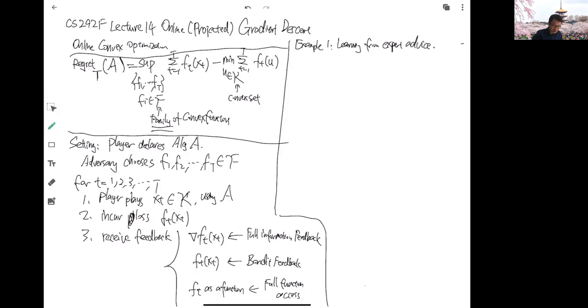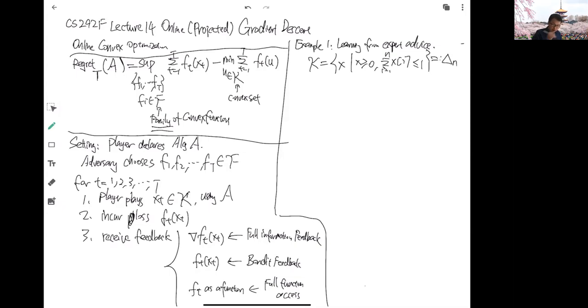It's the decision space. In some sense, your decision is to potentially randomly pick any one of the experts and follow their advice. So K is simply the probability simplex. Let's say that there are n experts, so you will have the probability simplex, with the sum of the entries smaller than 1. Okay, so this defines the probability simplex.